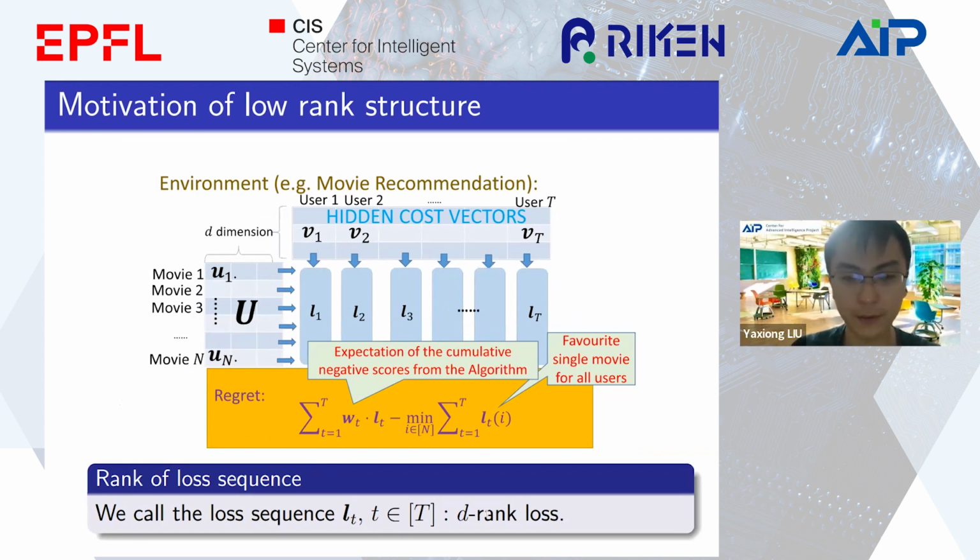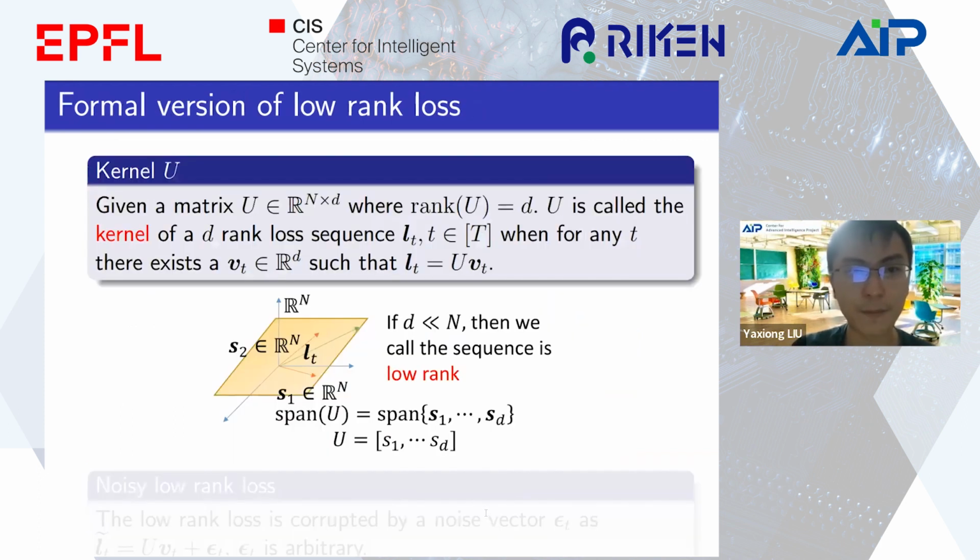This is not a very straightforward definition, so let's come to a more formal version of this loss. Although the loss vector L_t is an n-dimensional vector, actually all these loss vectors come from a d-dimensional subspace of the n-dimensional space.